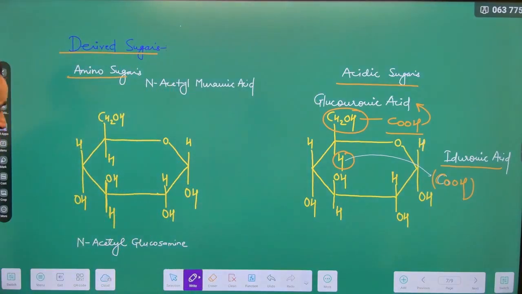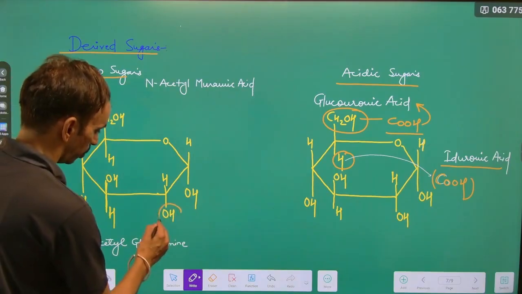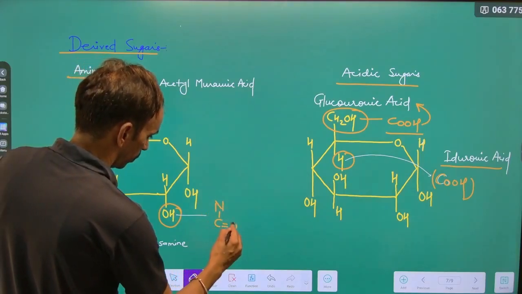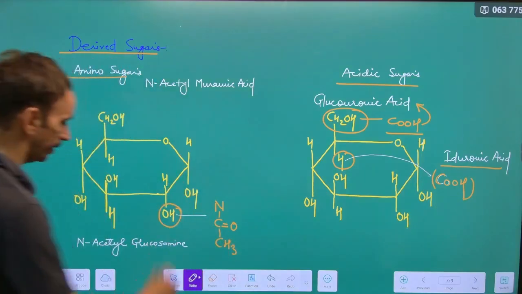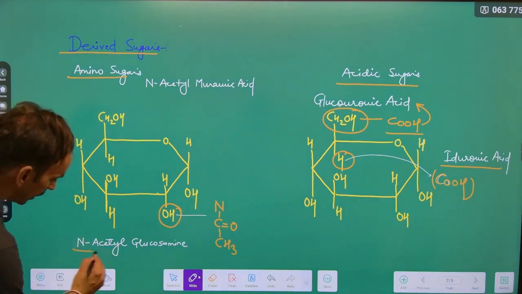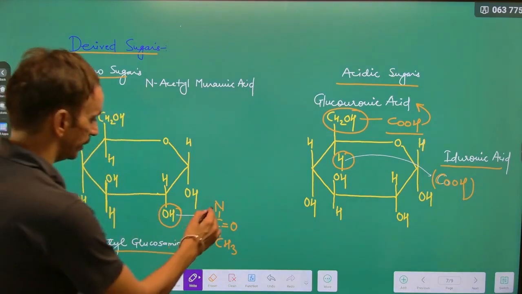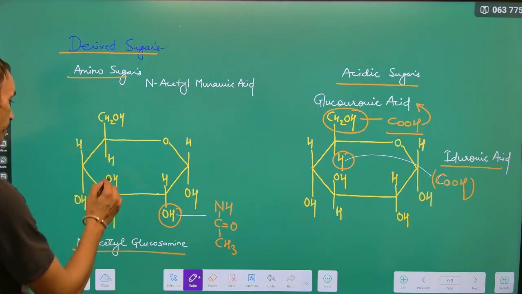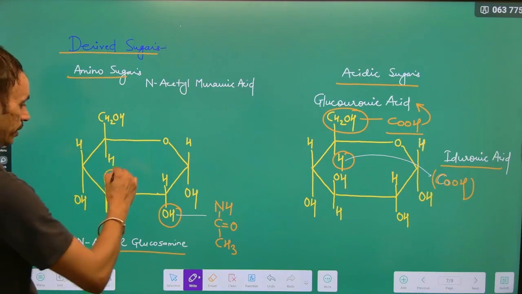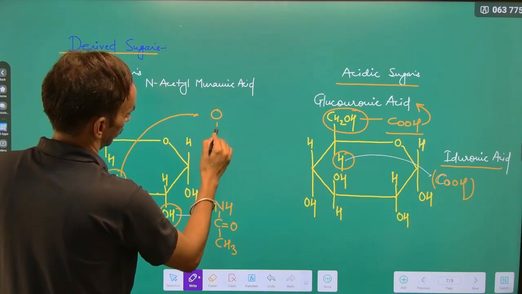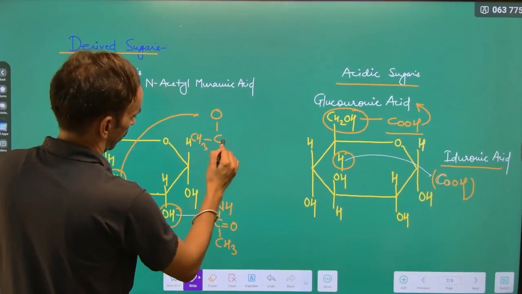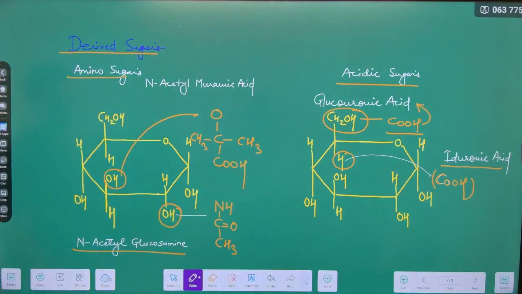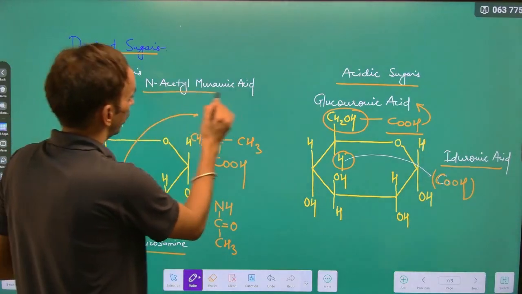If we talk about amino sugars, if there is a replacement of this OH with NHCOCH3, that is an acetyl group, then it is called N-acetyl glucosamine. This is the structure of N-acetyl glucosamine. If there is a replacement of this OH with this, then it is called N-acetylmuramic acid.